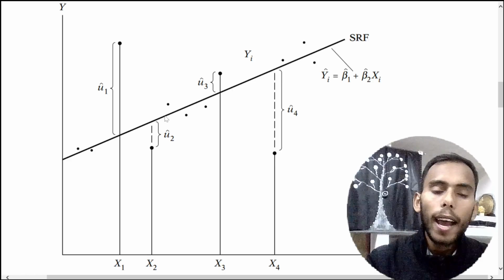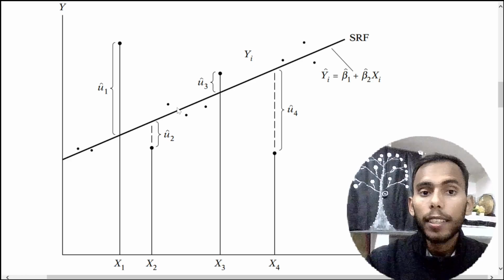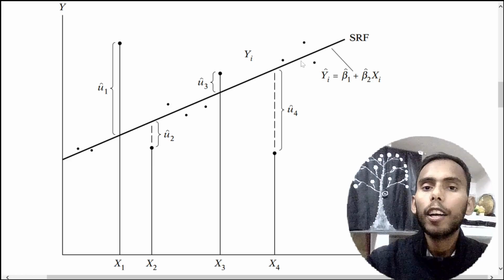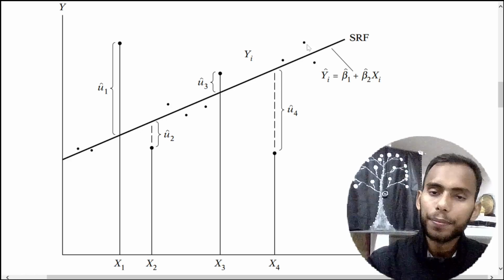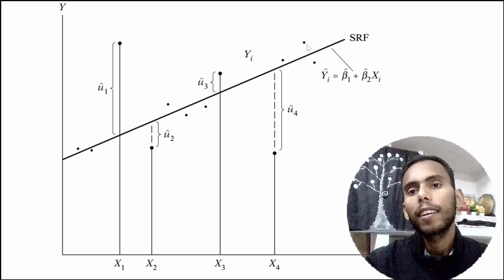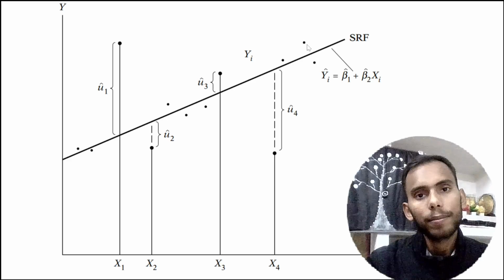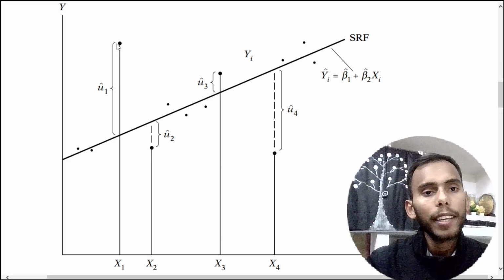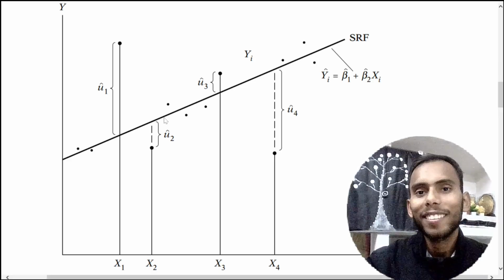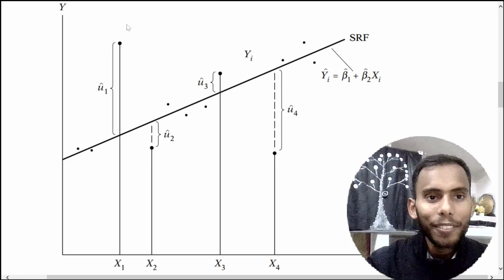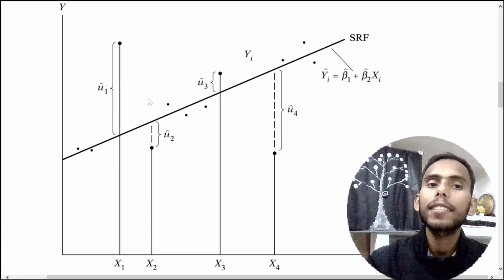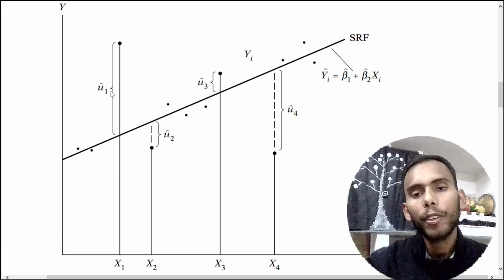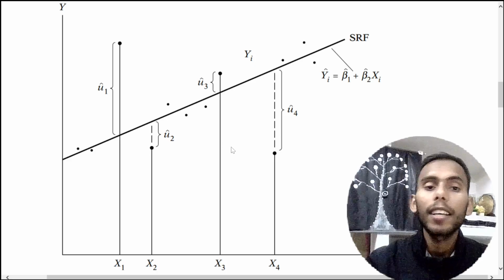As we are seeing here, our data points are not exactly at the SRF, our expected regression function. So it's a reality and it's our expectation. Whatever the difference between the actual data points and the SRF is our U cap. Also sometimes we use epsilon here.